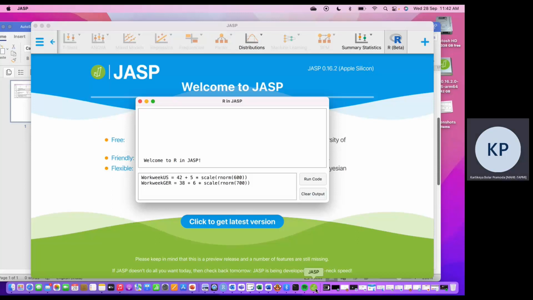Okay, so we are going to use these two details in our t-test. So t.test, use the same details which you have generated, work week US, work week Germany.